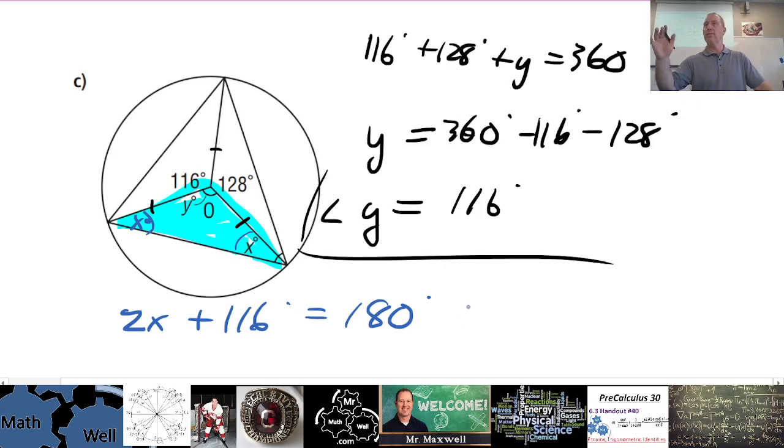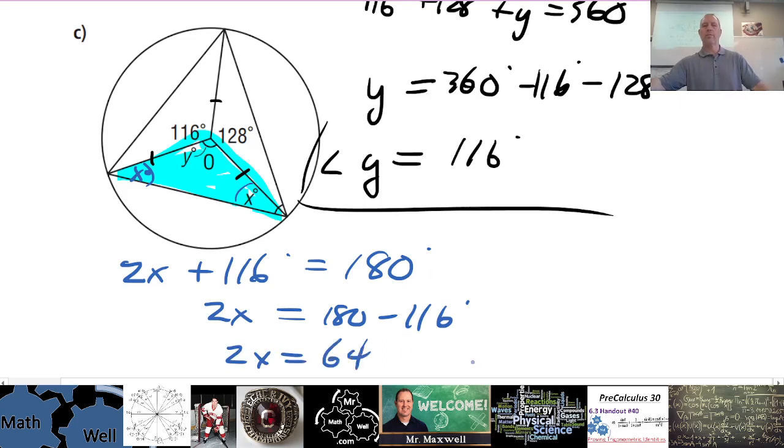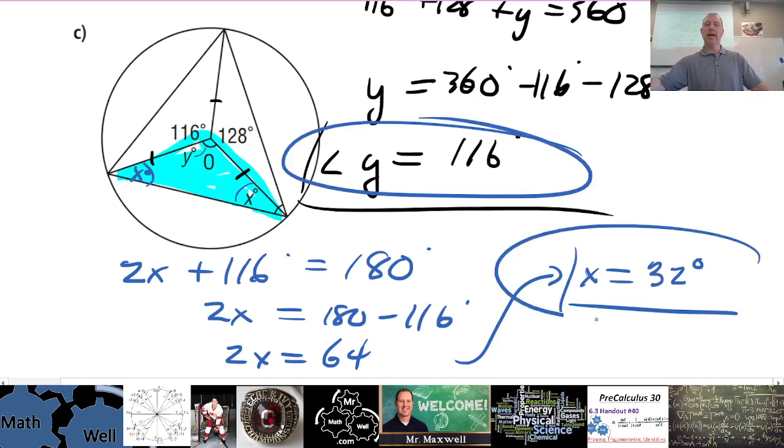You guys okay with that? So then we'll solve this. 2x equals 180 minus 116. All right, which is what? 64. Okay, so this is 64. X equals, you divide both sides by 2, you get x equals 32 degrees. So you have y equals 116, x equals 32.